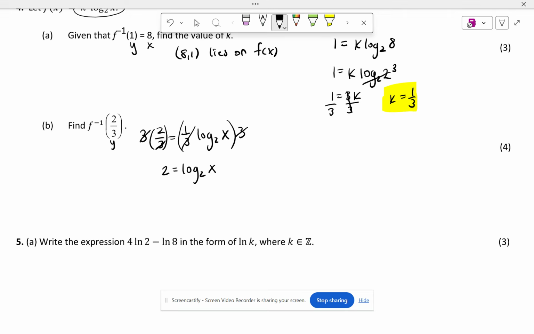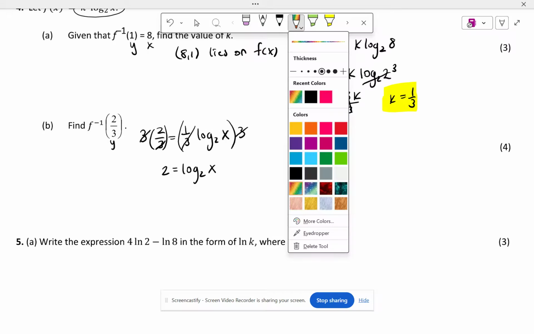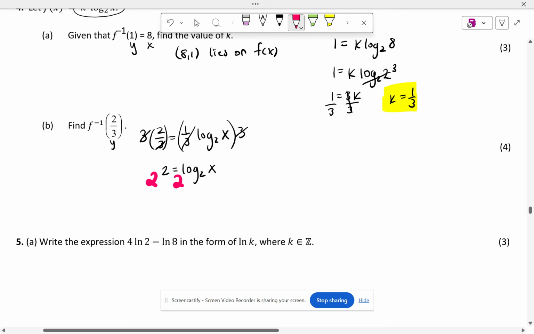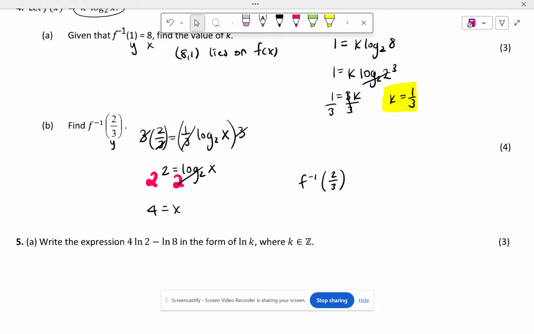Then I'm going to get rid of the logarithm by basing 2 on both sides. So I've got base 2, base 2. I now have 4 equals x, and my answer is, on the inverse function, the inverse of 2/3 is 4.